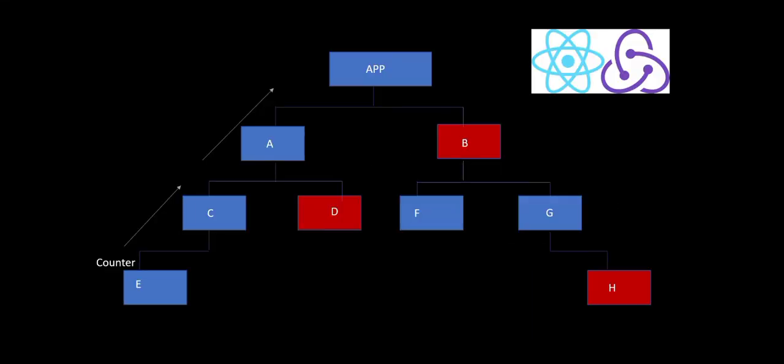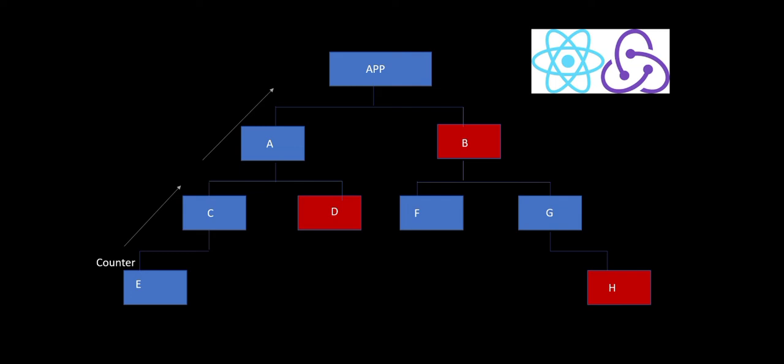Let us understand this a little bit more. For example, our component E has an attribute named counter, and now component D wants to use counter. So for that, we are going to lift the state and pass counter to the parent element, that is A, and after that we are going to pass it to D as props.